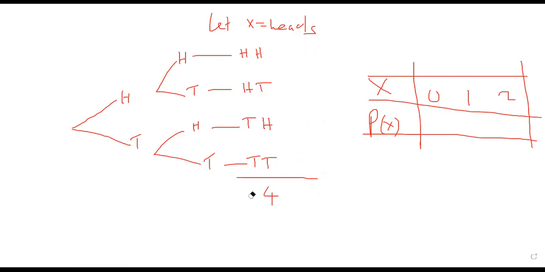So where do we have 0 heads? We only have it here, so it's 1 out of 4 outcomes, which is 0.25. Where do we have 1 head? Here and here. So this is 2 out of 4 outcomes, which gives us 0.5. And where do we have 2 heads? There's only one instance where we have two heads, so 1 over 4, which is 0.25. The total must add up to 1. Any questions so far?